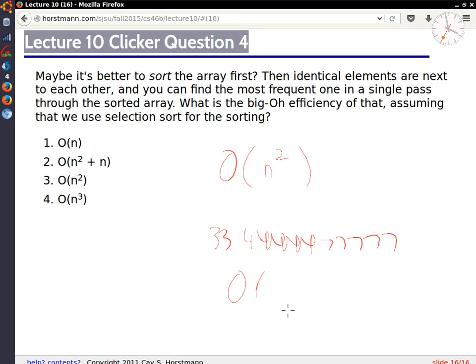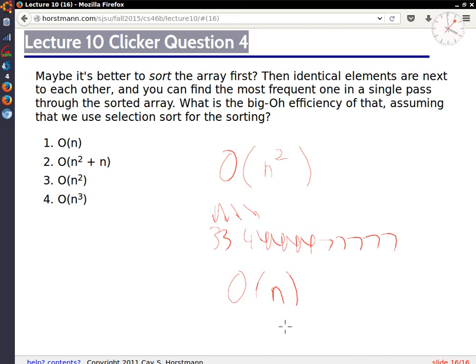If the array has n elements, and you keep looking at this one, then this one, then this one, and so on to find the boundaries, you look at each element exactly once. Maybe you look at some elements twice, depending on how you set it up. Maybe you look at the ones on the boundary twice, because then you reset something. But so what? That would be 2n, and O of 2n is the same as O of n. So it is O of n.